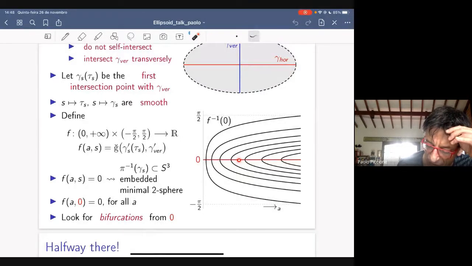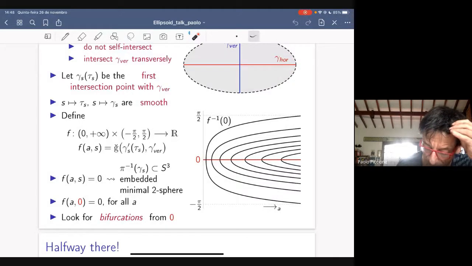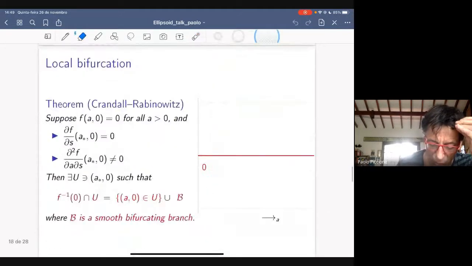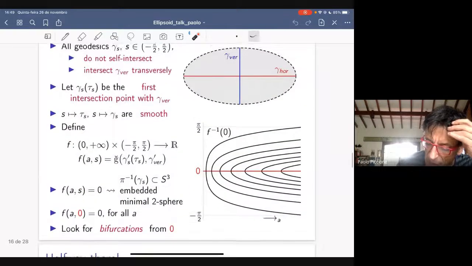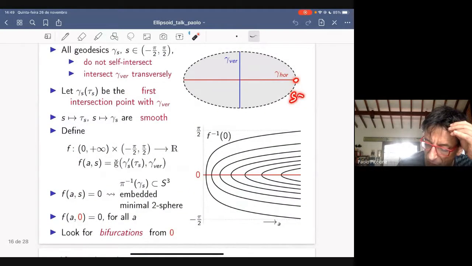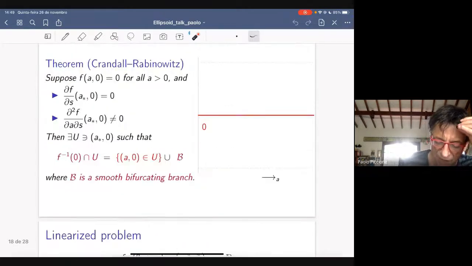So each one of the points here corresponds to this geodesic at the corresponding value of A. So our function is 0 on all pairs of the type (A, 0), okay? Note that this point here corresponds to S equals 0.